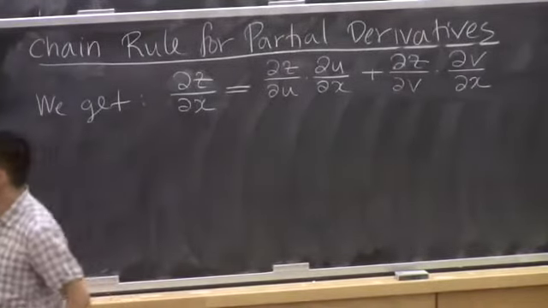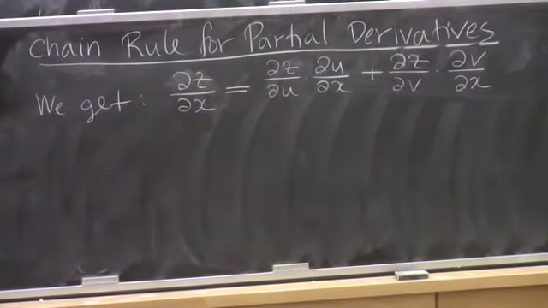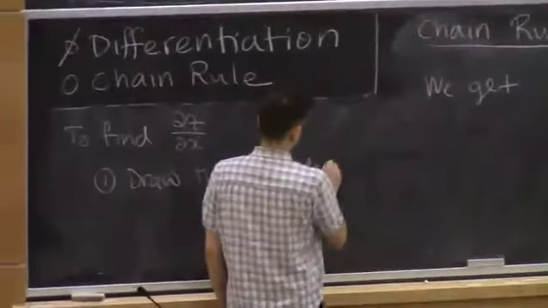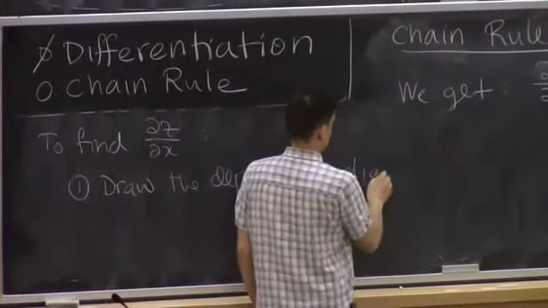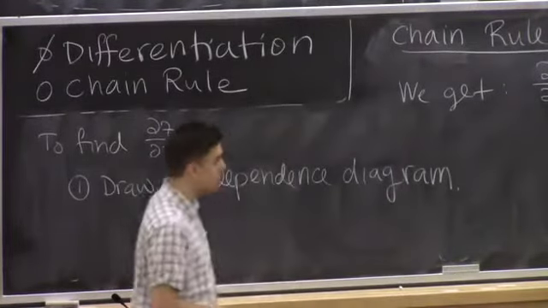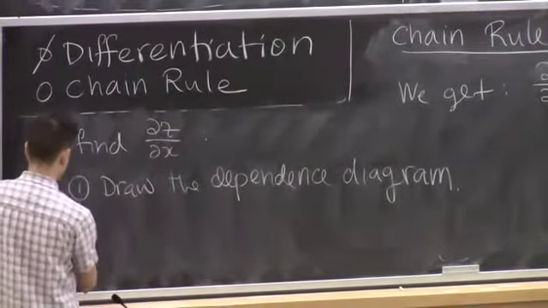Okay, so to find the chain rule for partial derivatives, we draw the dependence diagram.